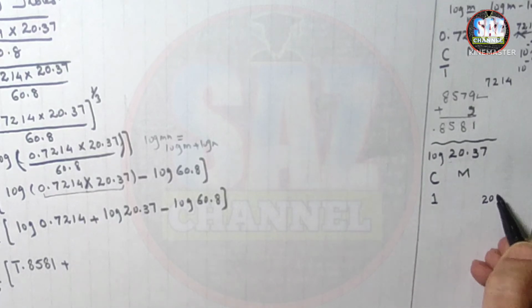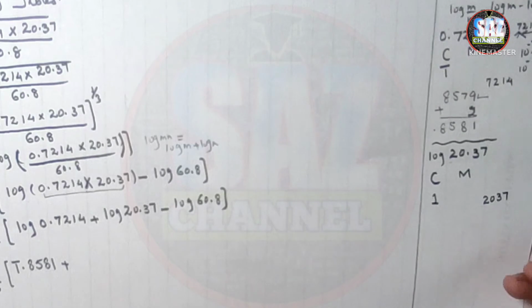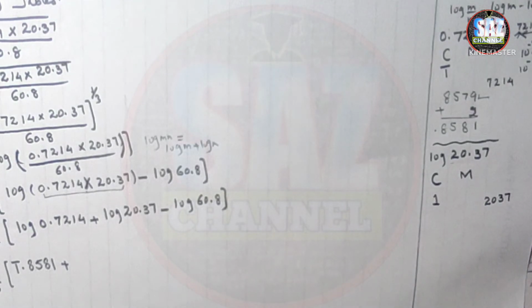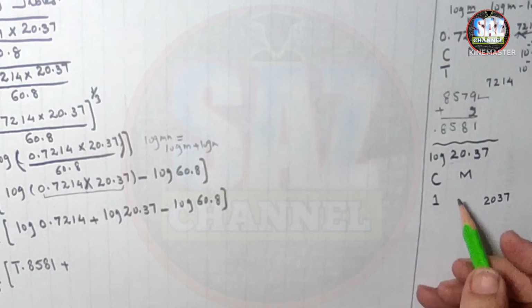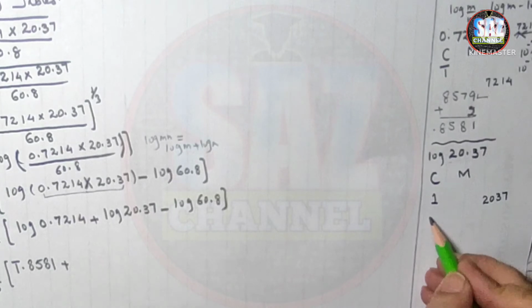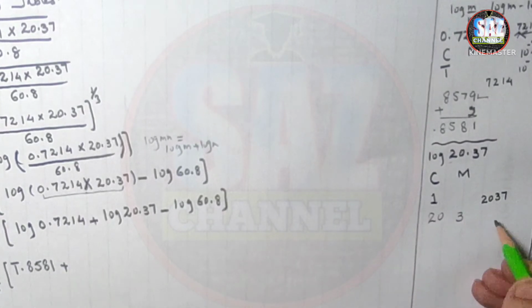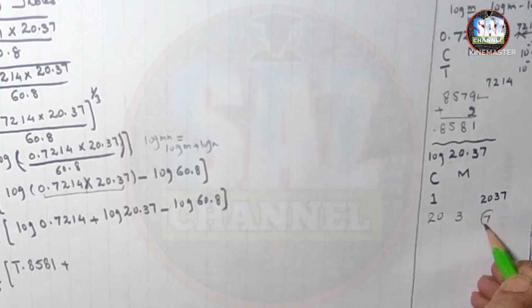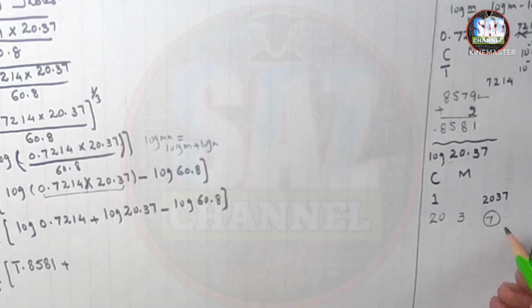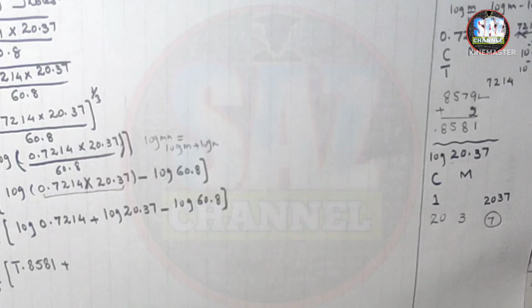That will be 20, 37. And now in the log table I have to locate 20 in the column of 3, and then in the mean difference column 7. So let me locate 20 in the column of 3 first.